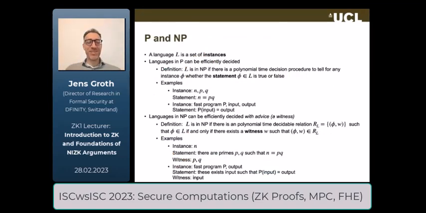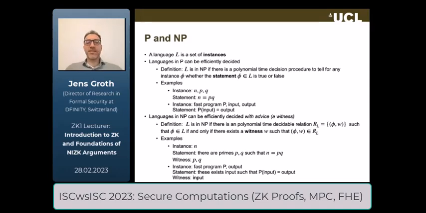Okay, sorry. Let me just recap what I was saying. P stands for polynomial time. Languages in P are sets of instances where you can decide in polynomial time whether that instance belongs to the language or not.